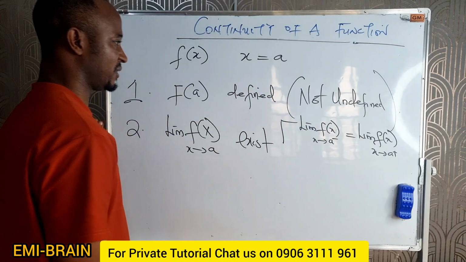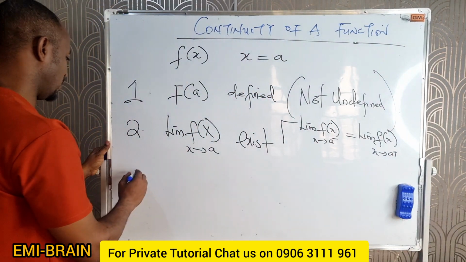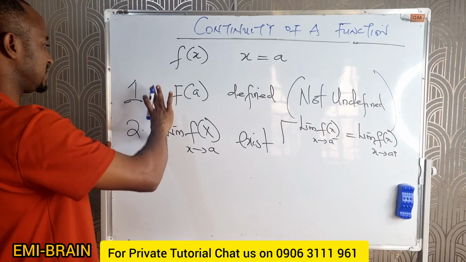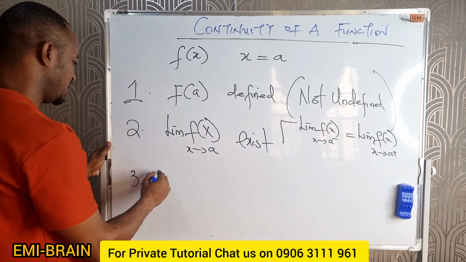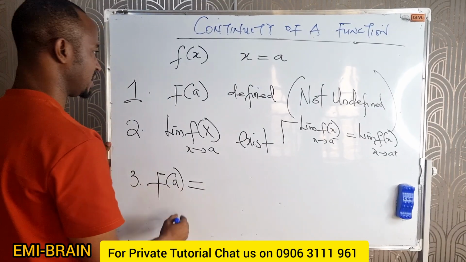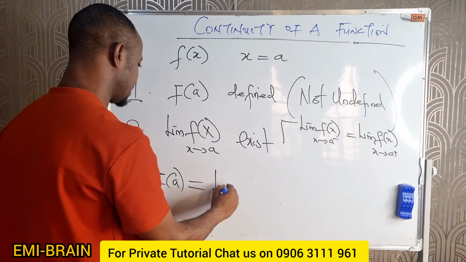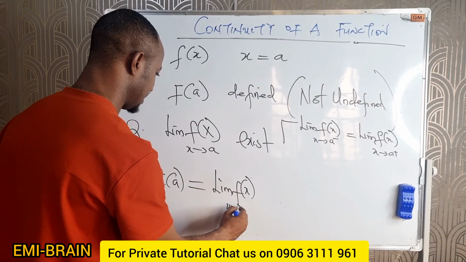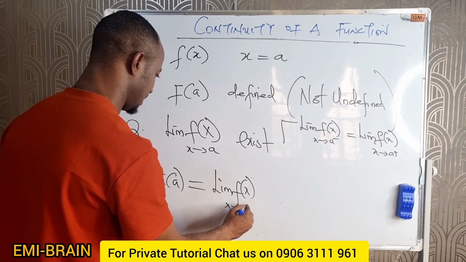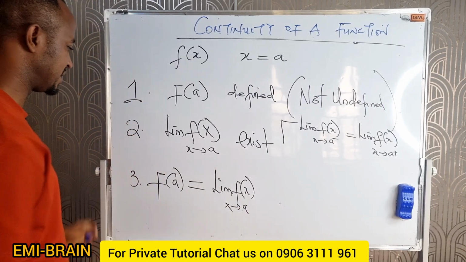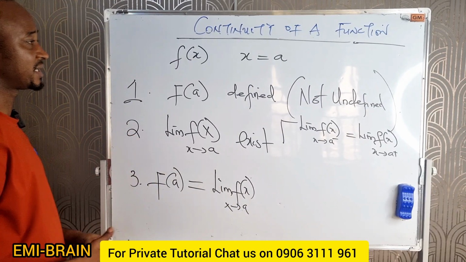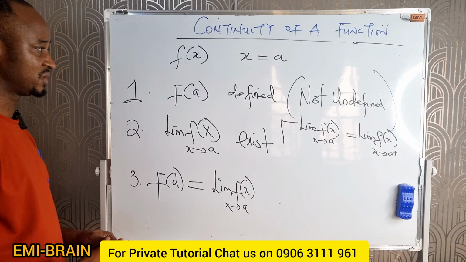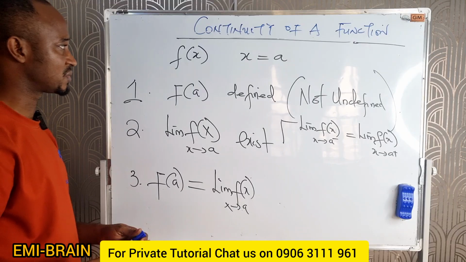This is what it means for a limit to exist. Number three is that these two must be equal, meaning f of a must be equal to the limit of f of x as x approaches a. So if these are the same, that means these three conditions hold, and the function is continuous at that particular point.